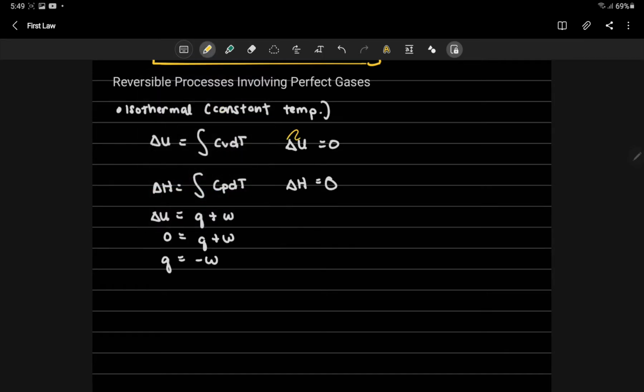We know delta U. We know delta H. If we know W, we will be able to calculate Q.